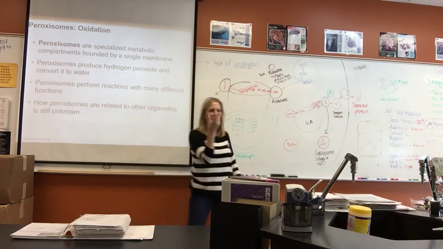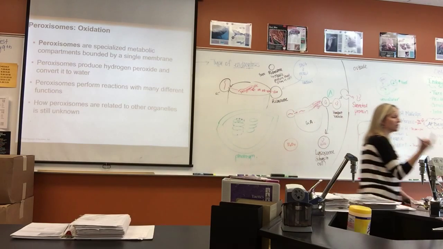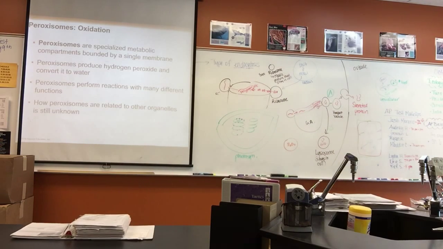Hydrogen peroxide can be broken down into water and oxygen gas, neither of which is harmful to the cell. And so it makes hydrogen peroxide but then breaks it down so it's not harmful to the cell. And that's the peroxide part, where peroxisomes get their name, all right? It's the byproduct of destroying other things in the cell.